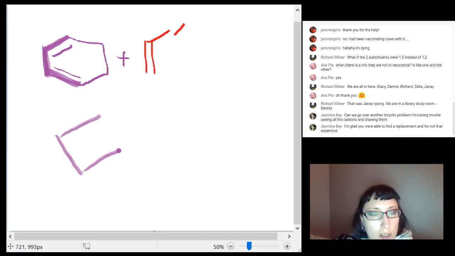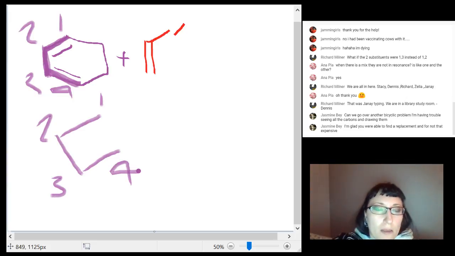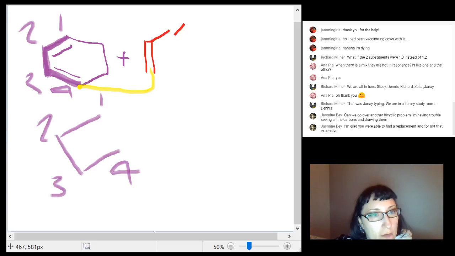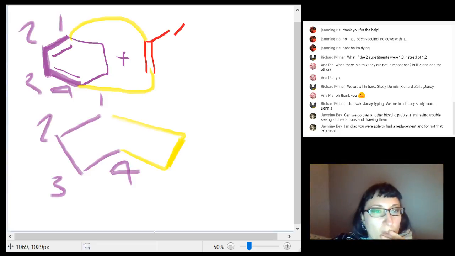If we wanted to number these, I would have 1, 2, 3, 4, 1, 2, 3, 4. Now with the Diels-Alder reaction, we know that this here is going to bond there, and that's going to bond. So I can show that as another 2 carbons. These 2 right there, hopefully you can see me bolding that one. And so then what's left are these 2 carbons here, which are the bridgehead, and they come down like that.